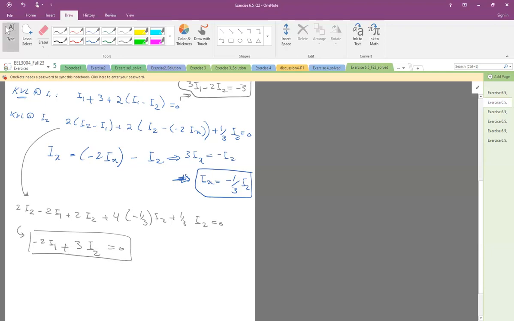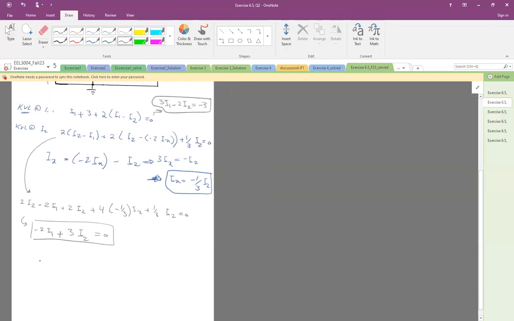Okay, so I can do two things at this point. If you want to, let's practice putting in a matrix format. I1, I2 equal to this. So the first equation, 3I1 minus 2I2 equal to negative 3. Second equation says negative 2I1 plus 3I2 equal to 0.